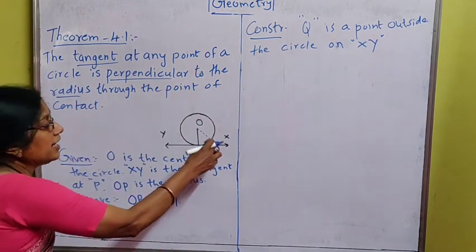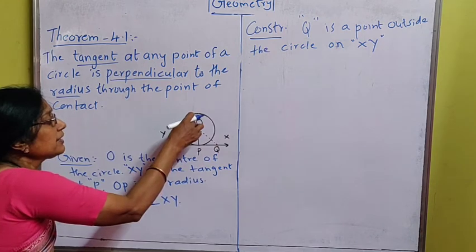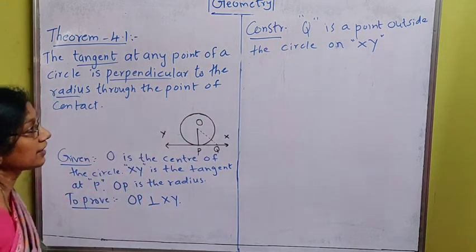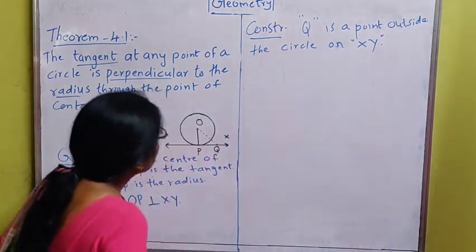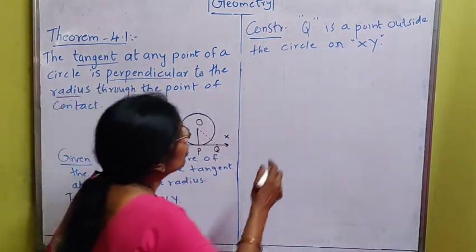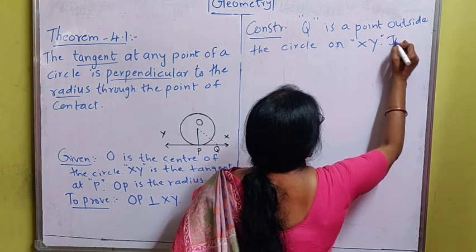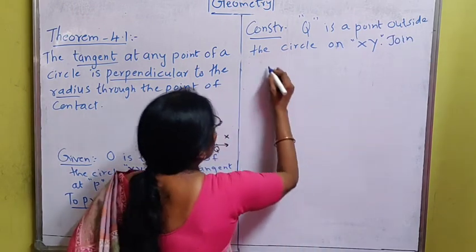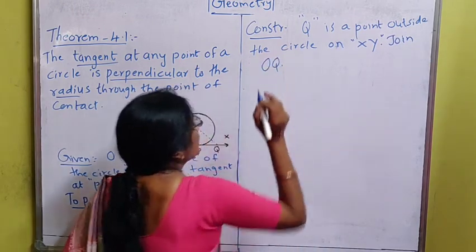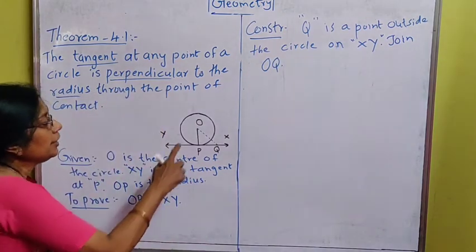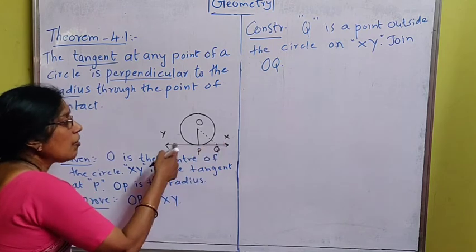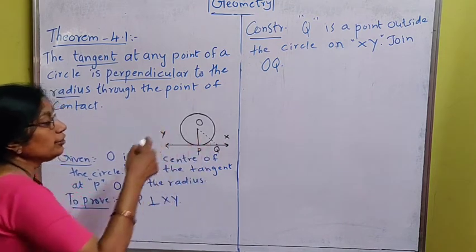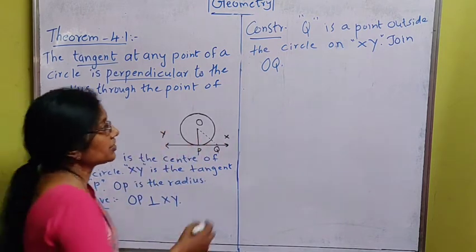And where is that point if you compare with the circle? It is outside the circle. And what have you done? You have joined OQ. So once again, Q is a point outside the circle on XY. Join OQ. That is your construction.